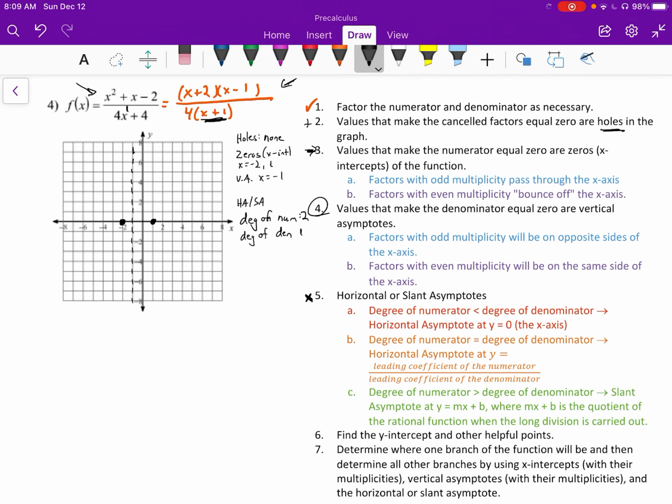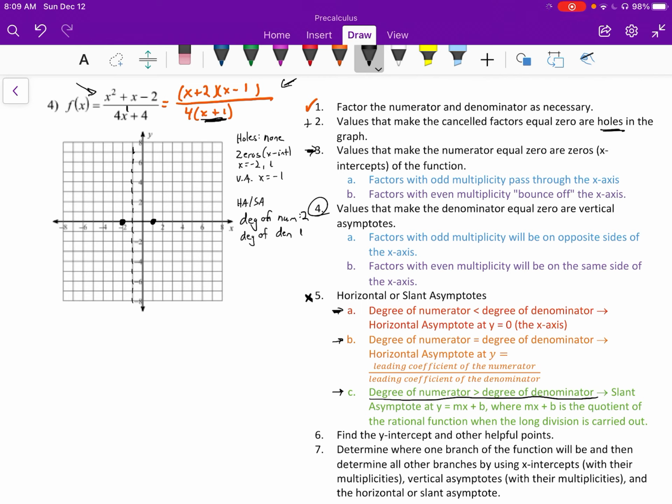And so we look here at part A, B, and C. And we see that this is where the degree of the numerator is greater than the degree of the denominator. So we know that we will have a slant asymptote, and what it says is y equals mx plus b, where mx plus b is the quotient of the rational function when long division is carried out.